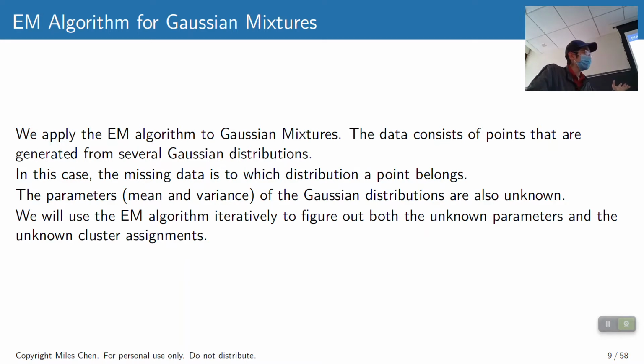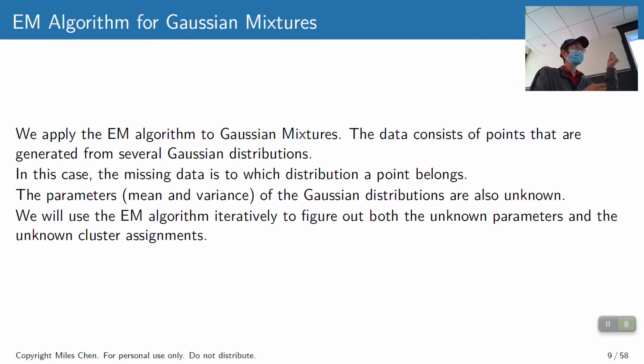In our case, we'll look at a two-dimensional Gaussian. So we're going to look at the multivariate normal distribution, and we'll say our data consists of a mixture of several of these Gaussian distributions. But the missing data is which distribution a point belongs to.